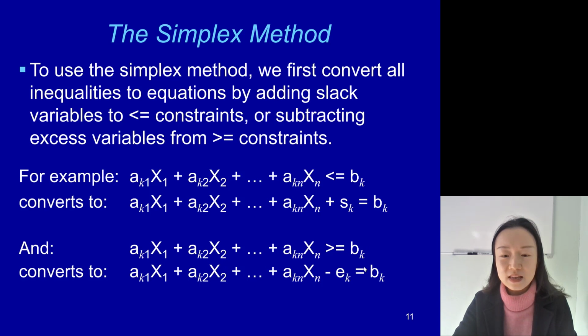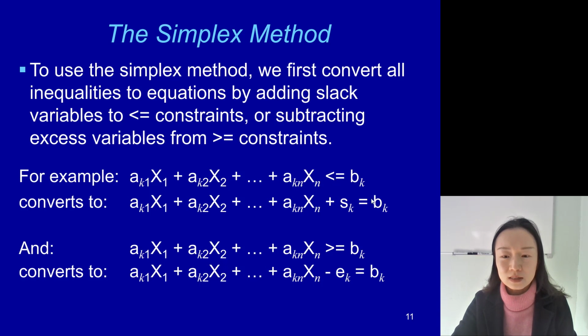When e is 0, the constraint is satisfied at a strict equality. When e is positive, the left-hand side is greater than the right-hand side, b.